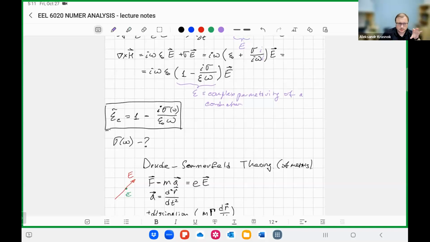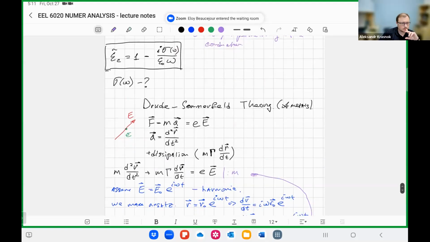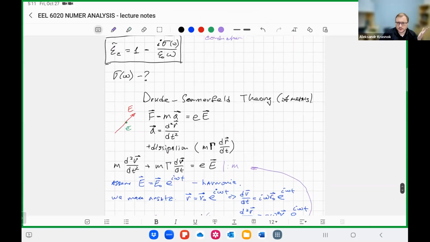So actually the dielectric permittivity of a metal has a real part that is of course not 1. It gets some value which depends on the conductivity. But we don't know what the conductivity is as a function of frequency.